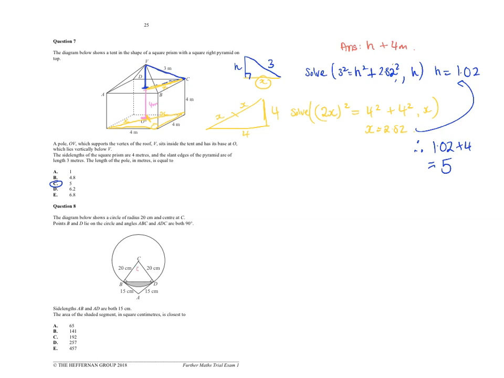Okay, with this next question, you've got to find the area of this segment. So if you look up the area of a segment and the formula, you'll get it. So we know what the radius of the circle is. We can see the radius is 20, but we don't know what this angle is, so we're going to have to find that.